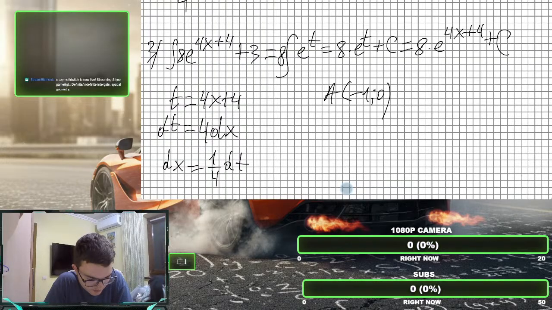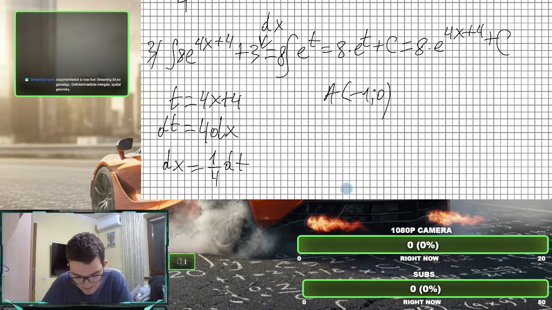It first split the integral into two. It used the method of substitution. Oh, I forgot about the dx there to put, right? So you have to put the dx and stuff.